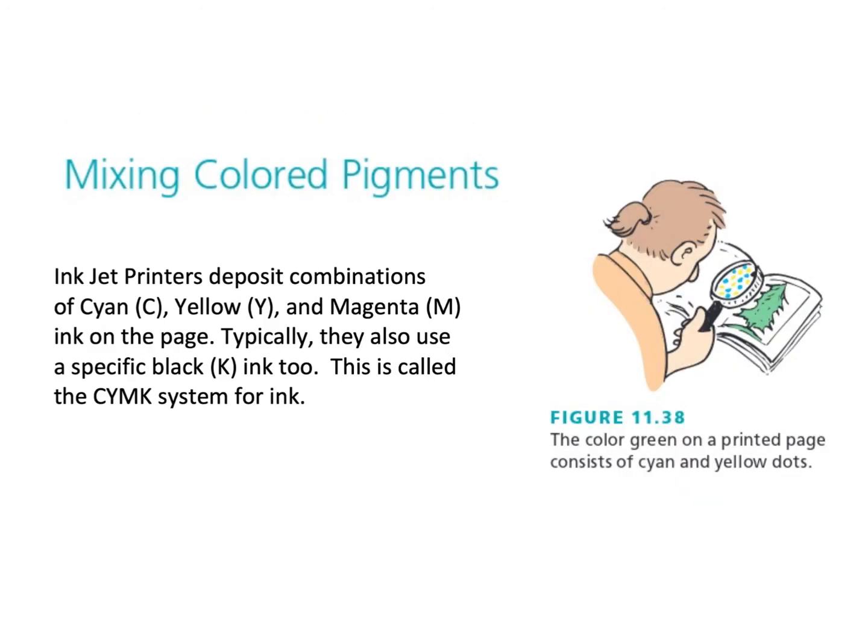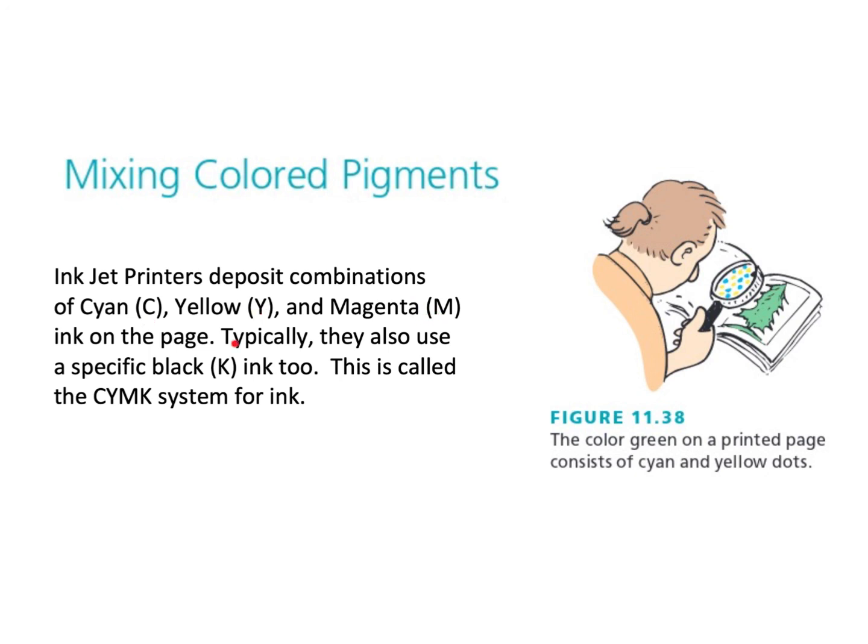Now, if you have an inkjet printer at home or maybe a laser printer and you have to buy ink for them, your computer will usually tell you that this color is out or that color is out. And the colors that you get are of course the colors used in printing, which are cyan, yellow, and magenta. And usually the cartridges are labeled with a C for cyan, a Y for yellow, and an M for magenta.